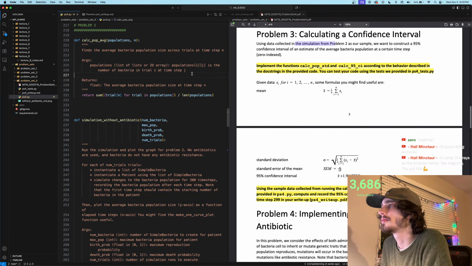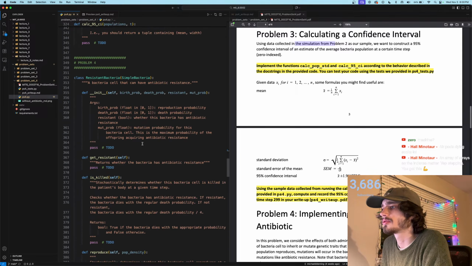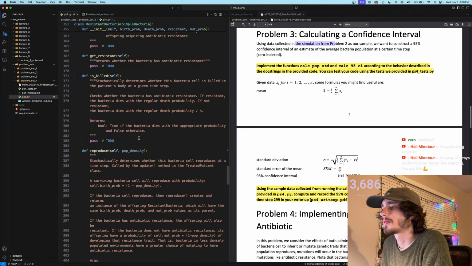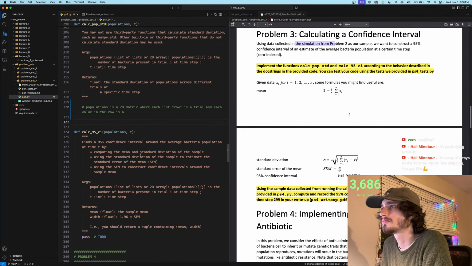Number of bacteria at the time step j. Okay, so, sorry, hold up. Keep getting lost.